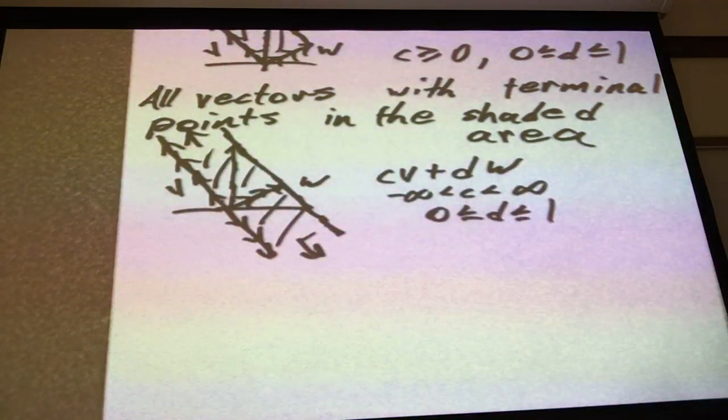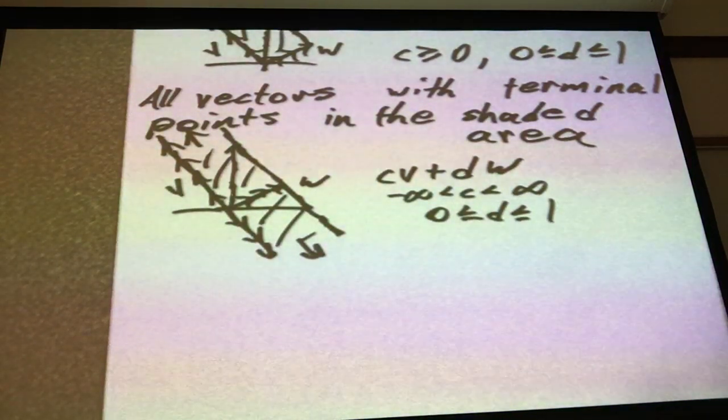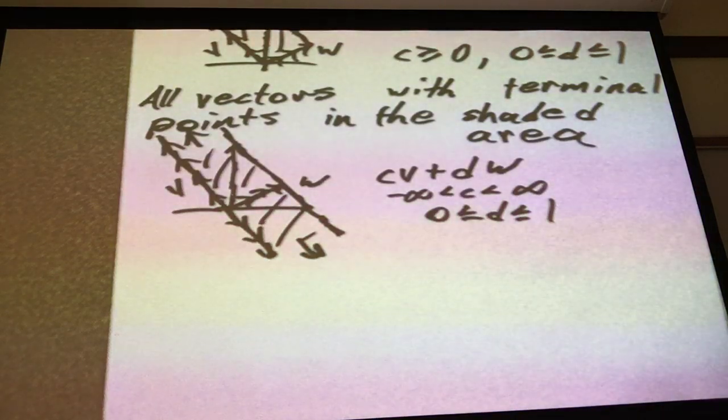Okay, so we end up with this infinitely long rectangular region in R2.